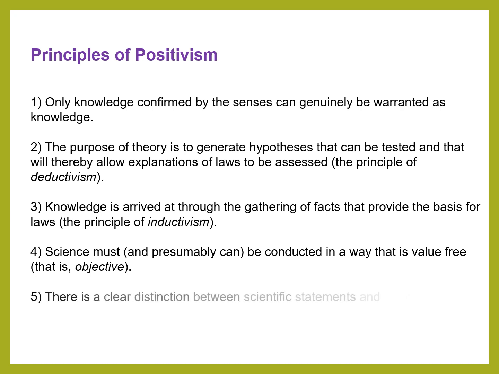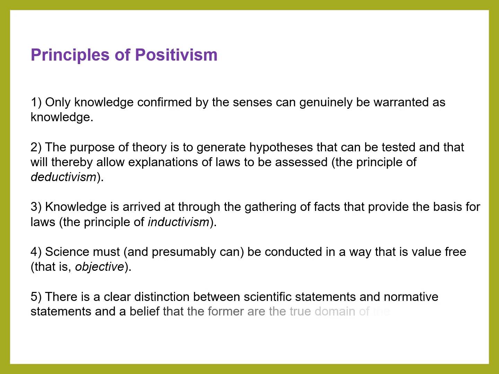And the last one is that there should be a clear distinction, based on the previous principle, between scientific and normative statements. And what really belongs to social science is scientific statements. So positivism claims that the normative should be kept outside social research.